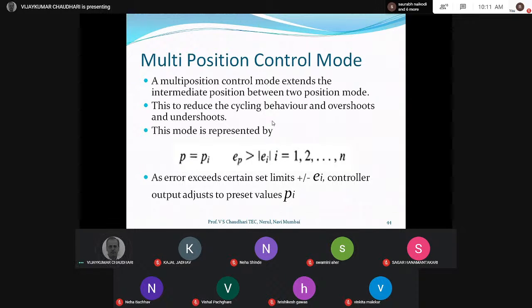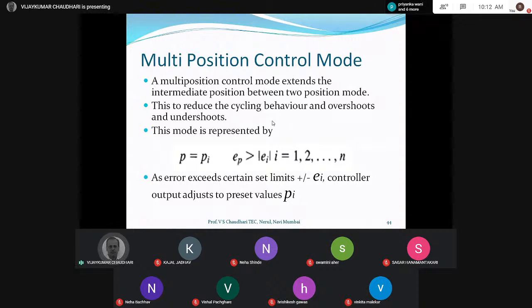Let's start then with multi-position control. This is just an extension of two position control. In two position control, we have only two outputs, either 0 or 100%, right? So this creates some difficulties for in-between outputs.